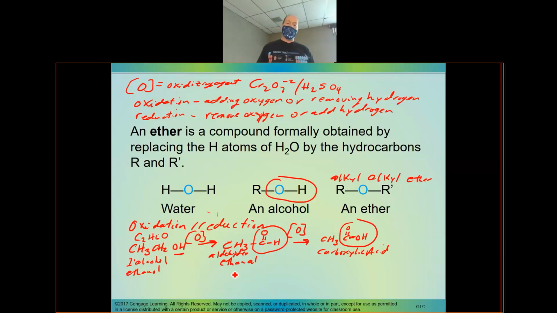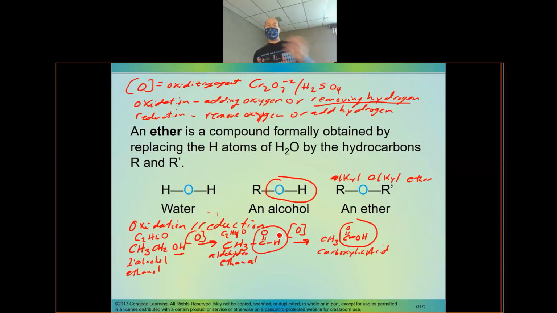Now when you look at the product, the aldehyde, we still have our 2 carbons, but now we only have 4 hydrogens, and we still have our 1 oxygen. And so the definition for oxidation for step 1 was we went from 6 hydrogens down to 4 hydrogens. And so oxidation is removing hydrogens. So this one has removed 2 hydrogens, and that is the definition of oxidation for step 1.